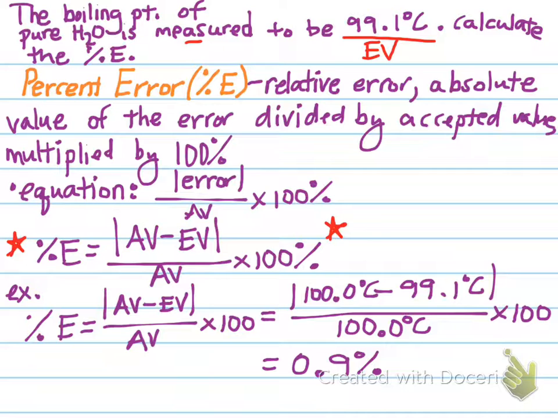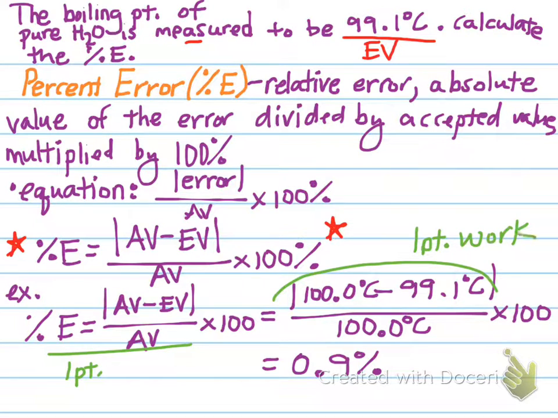So this is the work I expect. Problems on quizzes and tests will be worth 5 points. The 5 points will be broken up this way. You get 1 point for showing an equation. You get 1 point for showing your work. You get 1 point for your answer.